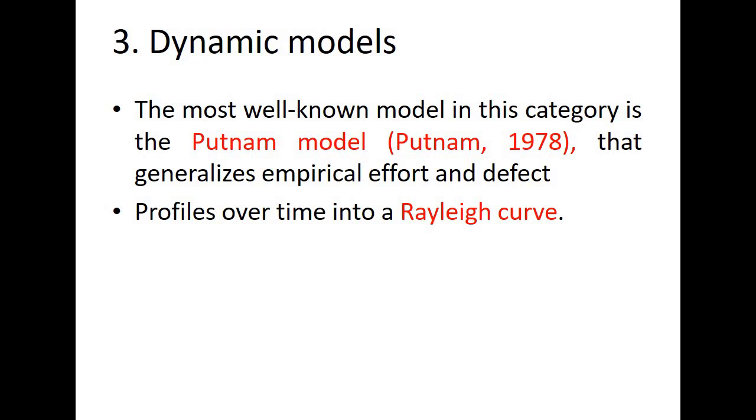The original paper was given by Lawrence H. Putnam in the year 1978. It is one of the pioneer works in the field of software process modeling. What we do here is collect the software project data.